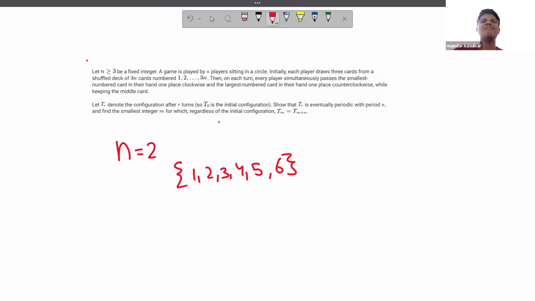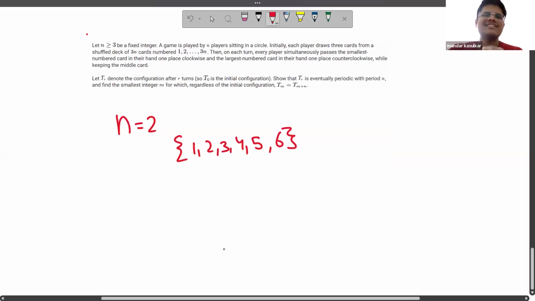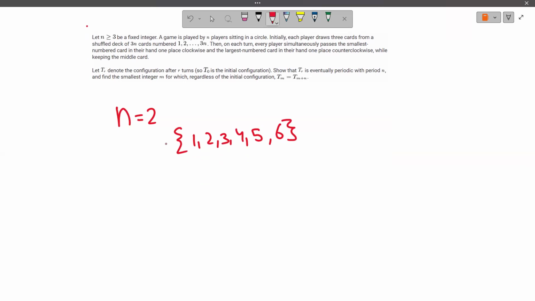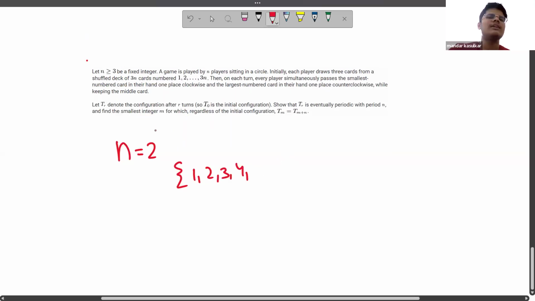Oh, this is the bad flavor text. The flavor text I had was that they were poker players and professional gamblers. I haven't read the problem yet. Wait, n is greater than or equal to 3, and you're taking n equal to 2. By flavor text, I remember the Bhairav problem. Oh, right, n is at least 3. That is annoying.